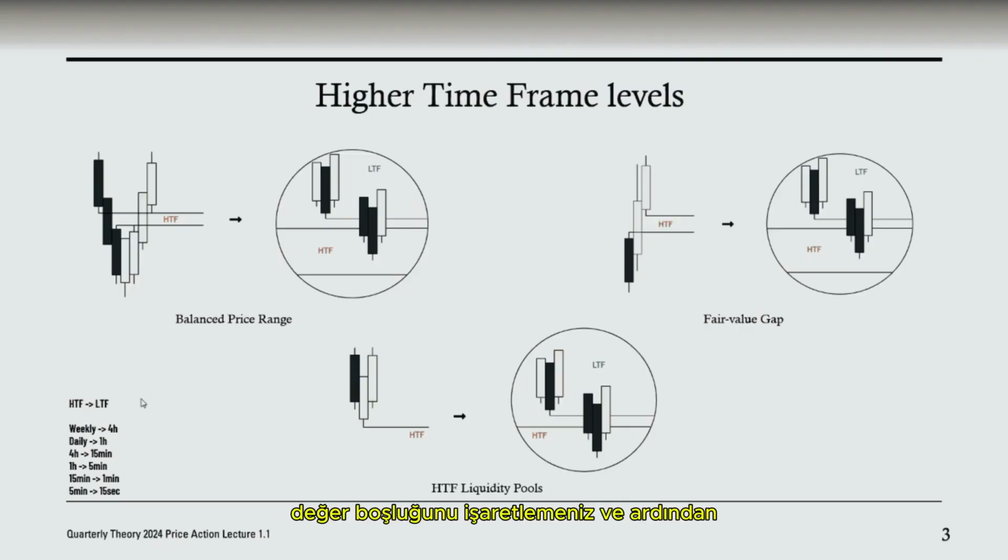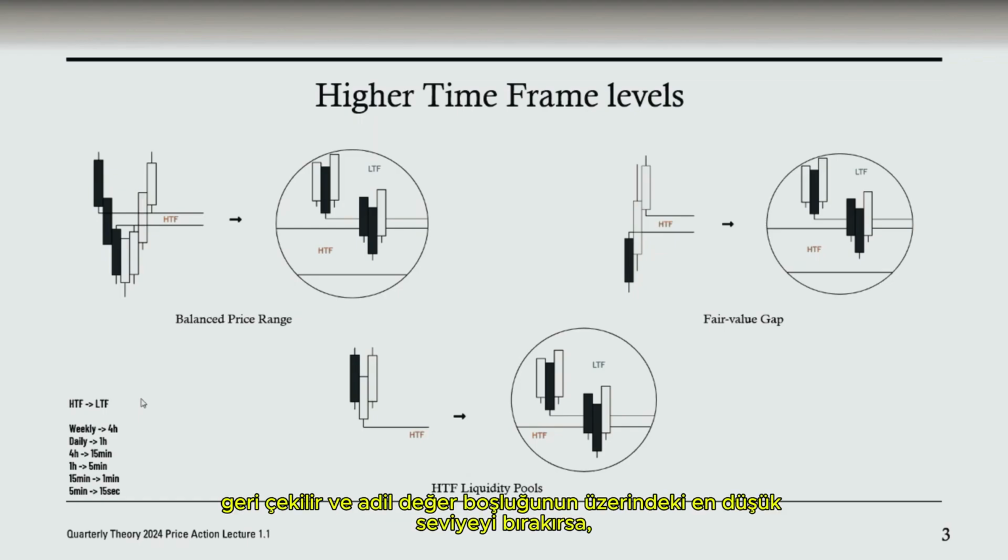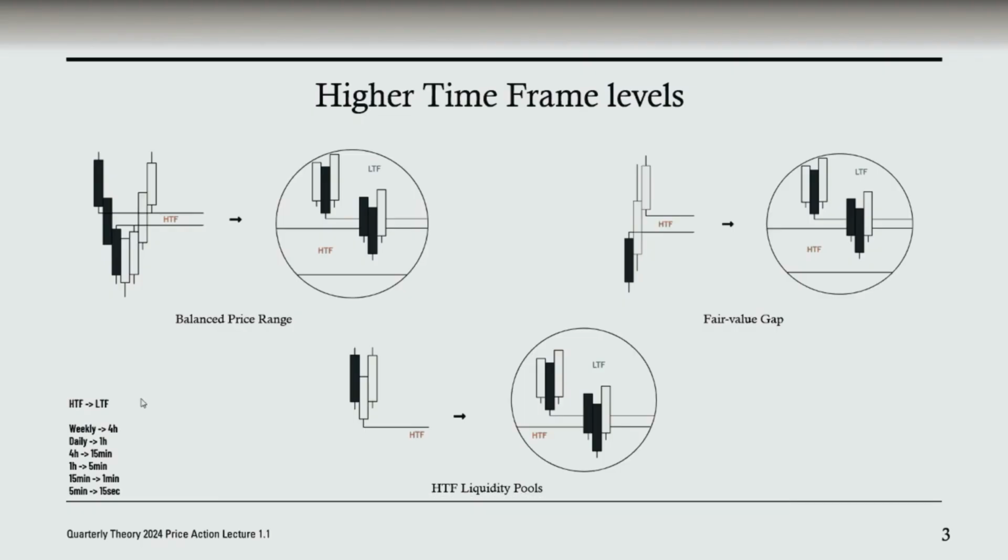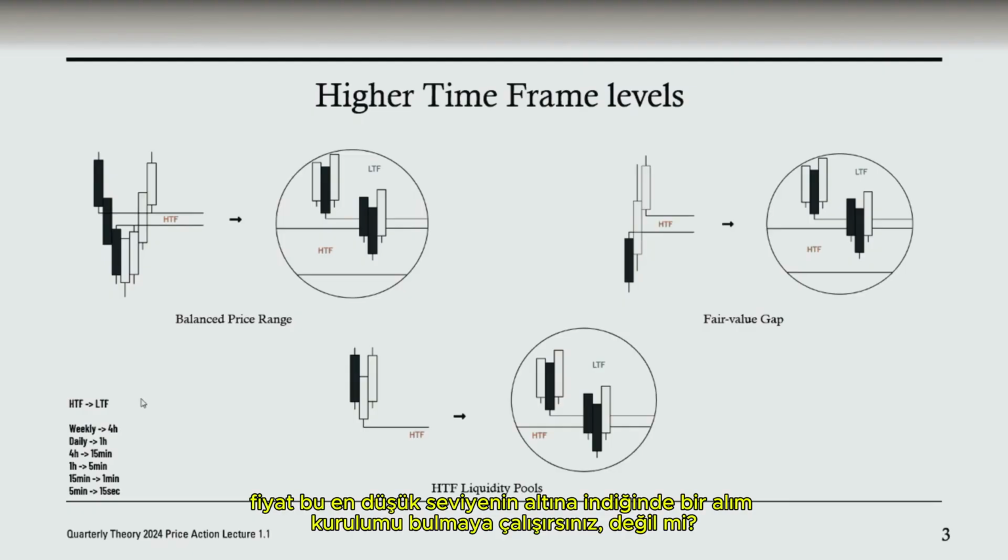Then you want to drop down to the 1-hour time frame. And then if you see a low form, price drops but retraces and leaves a low above that fair value gap, then you would try to find a setup when price trades below that low, a buy setup.